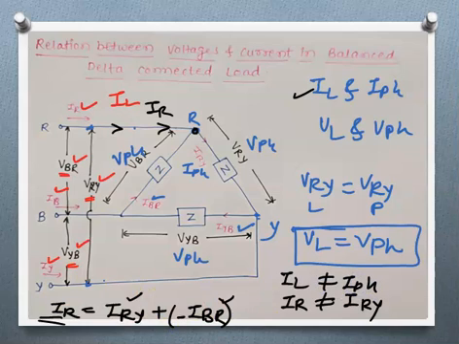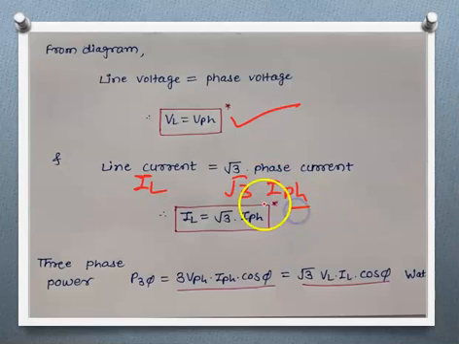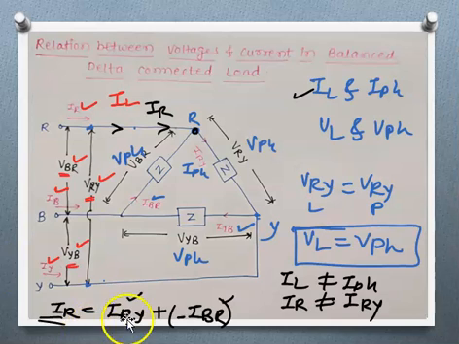From the diagram we have concluded that line voltage is equal to phase voltage, so we get the equation VL is equal to VPH. And line current is root 3 times the phase current: IL is root 3 times IPH. This is in case of delta connected load, because here IR is the resultant, the summation of these two.